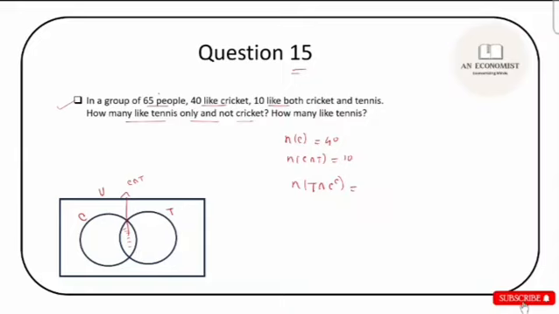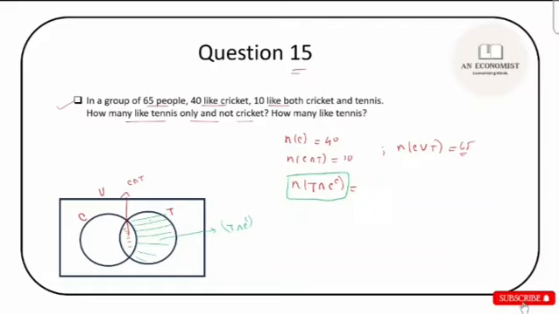And there are altogether 65 people. So we can say that C or T is 65. So in the diagram, I want you to identify the region which will represent the number of people who like only tennis but not cricket. If you see carefully, this will be this region. This region particularly denotes T and C complement, right?